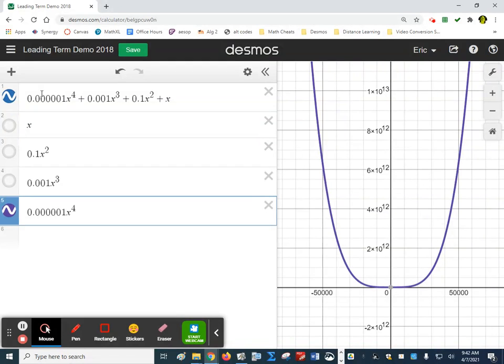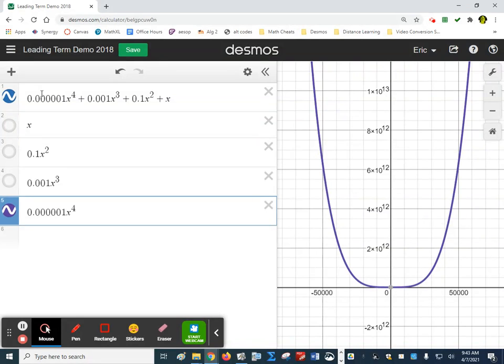If I go out far enough, all this other stuff just becomes background noise, and only the leading term is really important. The rest of it is just tiny. You can't even see a difference, can you? You can't even see that the cubic and quadratic and linear terms are there. If I go out far enough, they just disappear in the background noise. And the behavior of the function becomes dominated by its leading term.